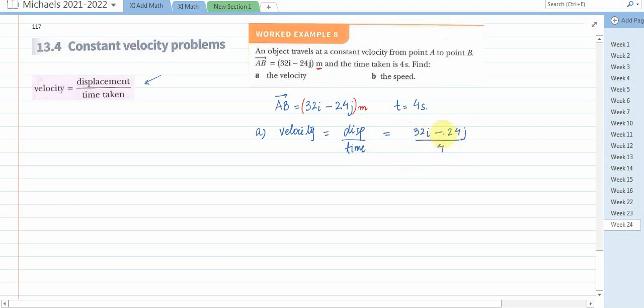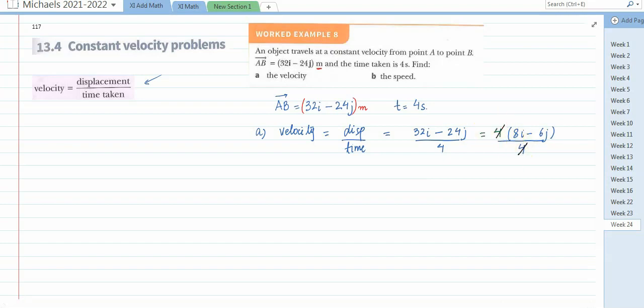In the numerator, we can take 4 common. So inside the bracket it will be 8I minus 6J, divided by 4. Now you can cancel out these two 4s, and the leftover part is your answer: 8I minus 6J is equal to velocity.